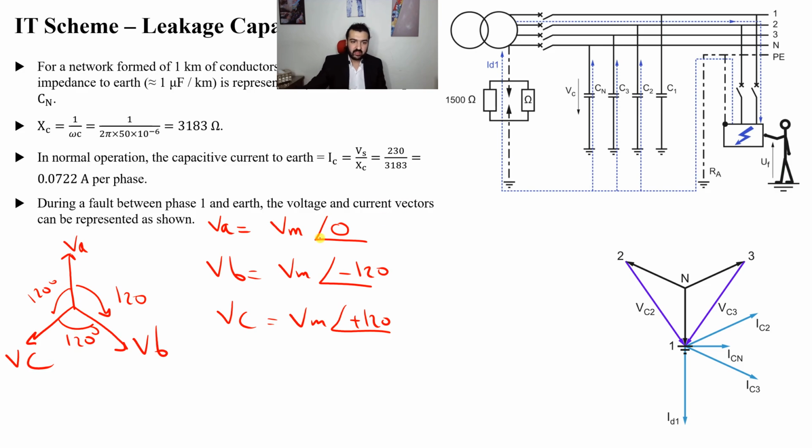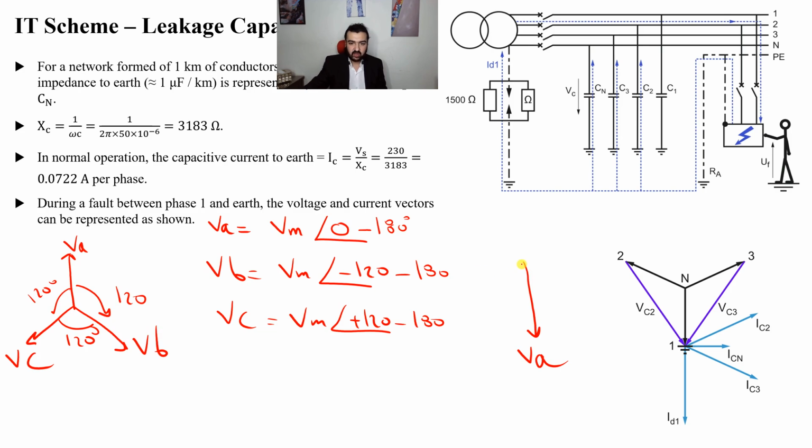Now I can say that my supply has a phase shift of, for example, negative 180. It will be the same system, just inverted. For example, VA at minus 180 degrees means it will be the opposite one, like this. VA.